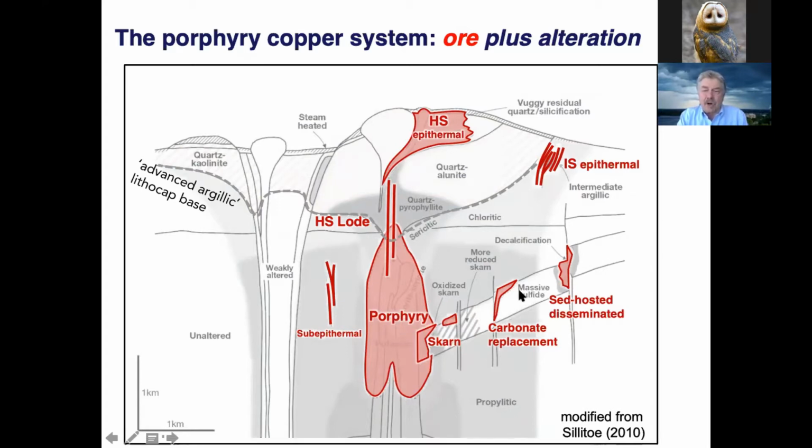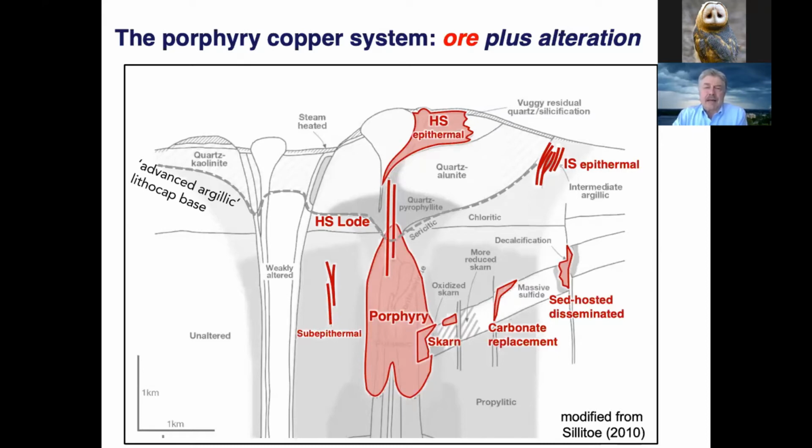There may be skarn if there is some type of carbonaceous rock, limestone, etc., skarn and carbonate replacement deposits. And then within the lithocap, we have high sulfidation deposits, epithermal deposits formed. And on the margins of the lithocap, there can be intermediate sulfidation deposits.